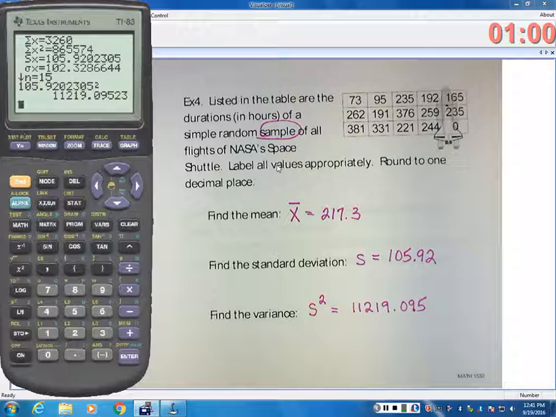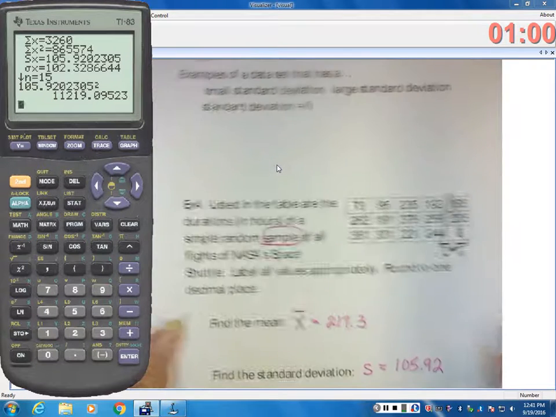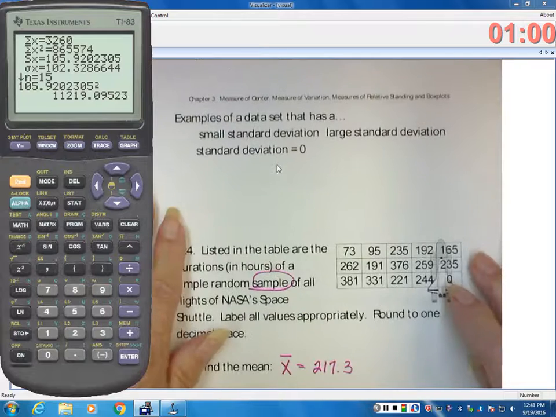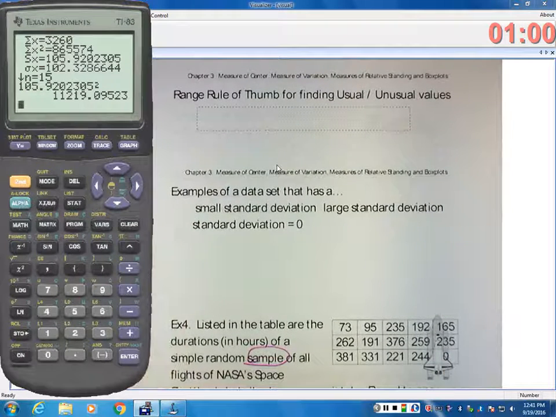So, we think that 0 time is a little unusual compared to the others, for whatever reason. Remember I mentioned to you the range rule of thumb. Right?